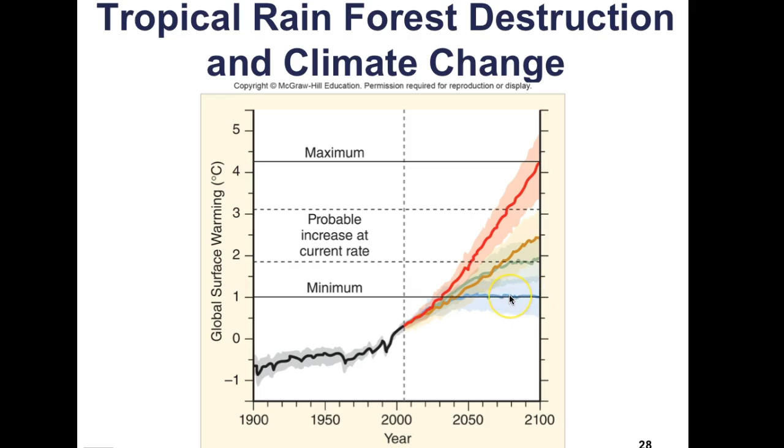Still brings a lot of concern. Just raising that global temperature by 1 degree Celsius is a lot of concern, but it's also projected that if we keep going, we could raise it up to a little under 4.5 degrees Celsius, and that would have a very drastic effect on our planet. So you know some of the things that are discussed with climate change, and we could discuss that a little bit further in class.